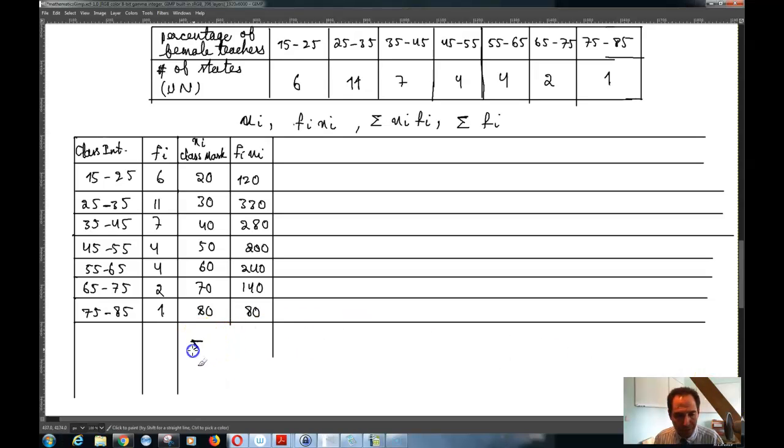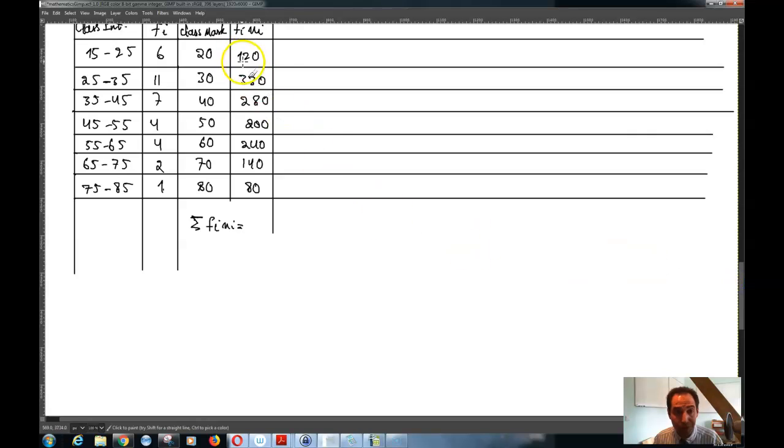Based on that, sigma f of i x of i is all of these numbers added together. 200 plus 240 is equal to 440, and so on, adding them all up, that is 1390, right?